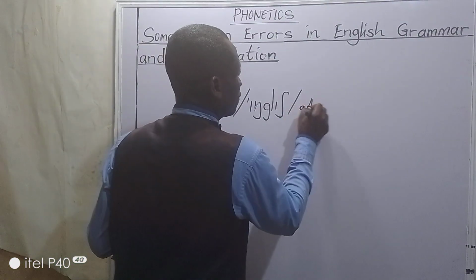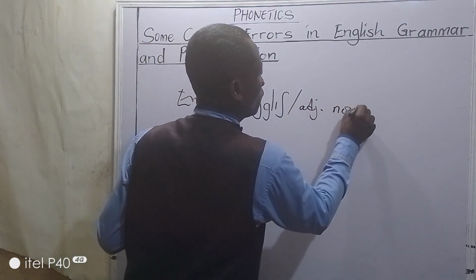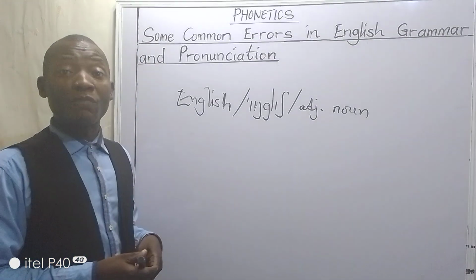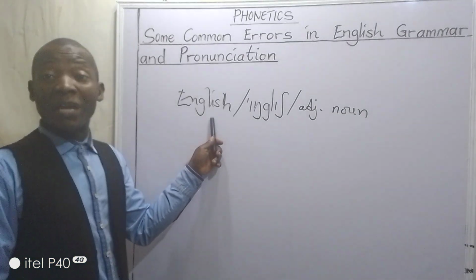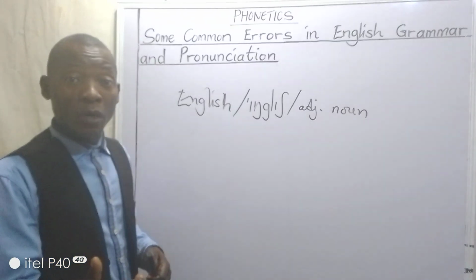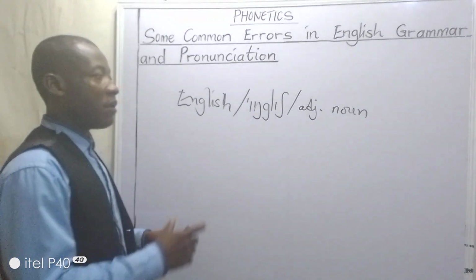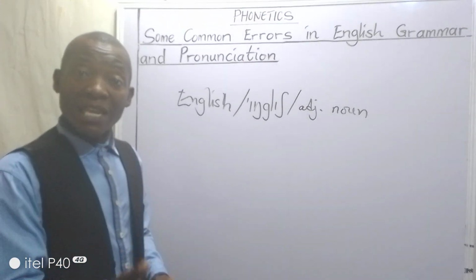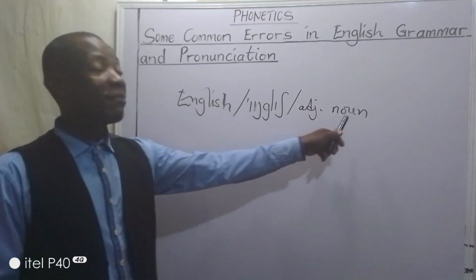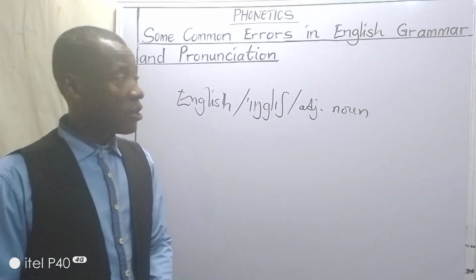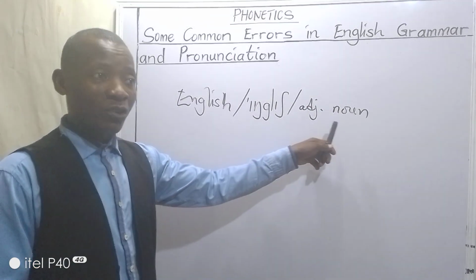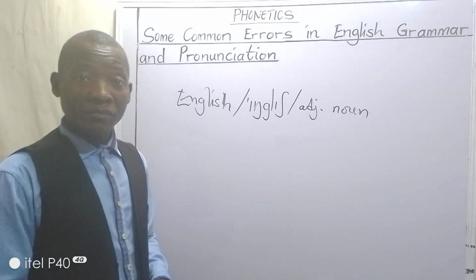That's an adjective noun. If you say an Englishman, the word English will be an adjective modifying the noun man. If you say I am studying English, the word English will become a noun in that sentence. So it is used as an adjective, also as a noun.